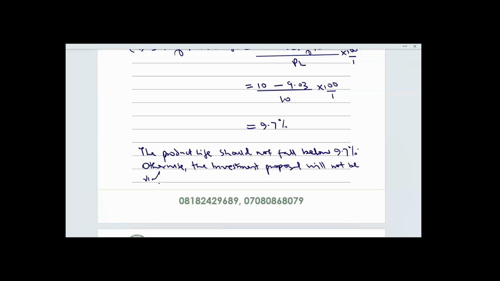So we have reduced the life of the project by 9 years to get our break-even point. So if you reduce the life of this project by 9.7%, the project will become unviable. The tolerable level that you can reduce the project's life is 9.7. Anything below this 9.7, the project will not be viable. All right.